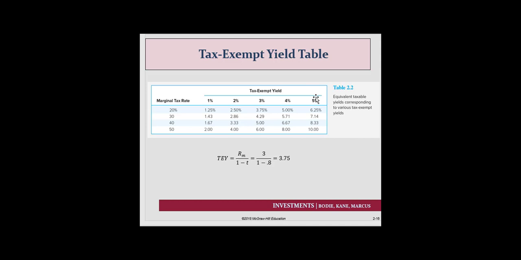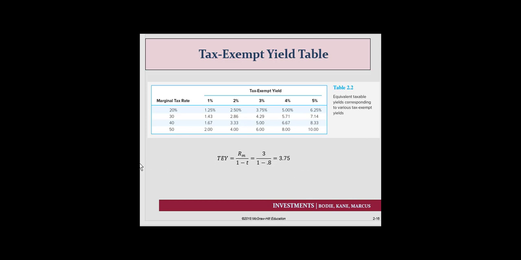Then obviously you need more corporate return to equal the municipal return, because we're interested in after-tax returns. So this 3.75% before taxes is equal to 3% after taxes.